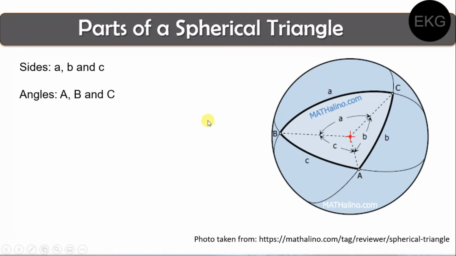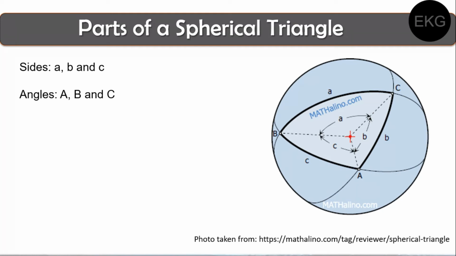Now, this triangle also has angles represented by the capital letters A, B, and C. Okay, this angle A, this angle B, and this angle C. Okay, so those are basically the parts of our spherical triangle.